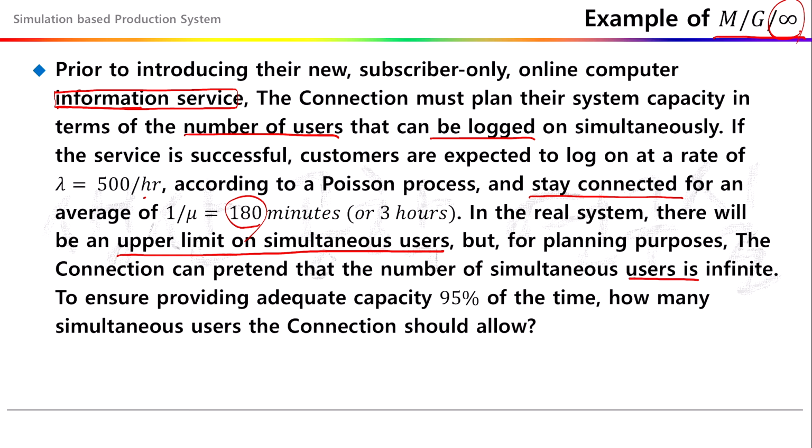This is the first assumption. And to ensure providing adequate capacity, this might be the service rate or service satisfaction ratio, 95% of the time. How many simultaneous users should the company allow?